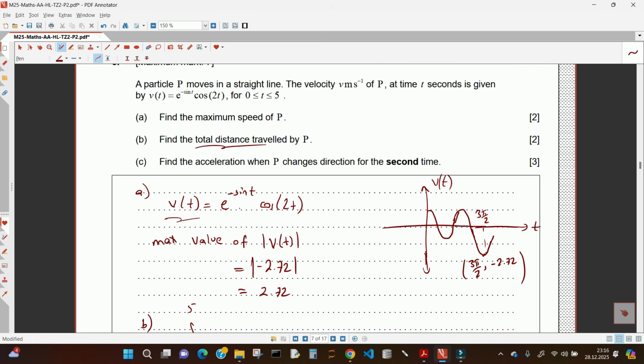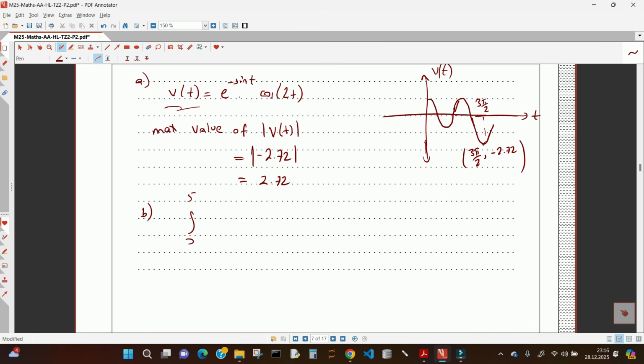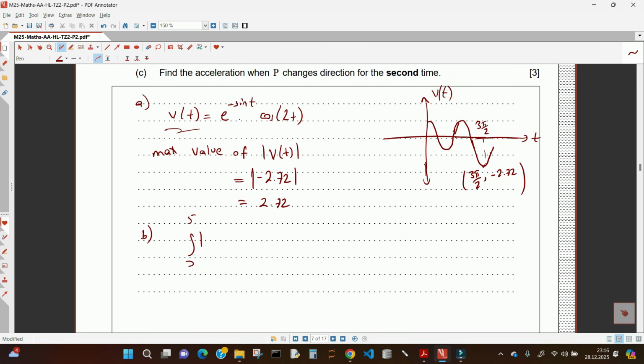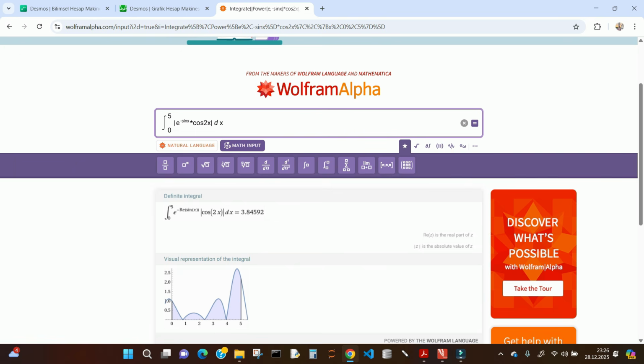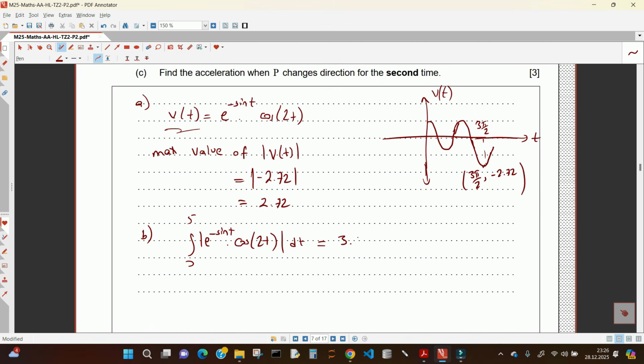But again, for the absolute value of this function, because I will take the negative side and the positive side of the distance traveled by this particle. So I'm looking for this integral. Let's find this one. Do not forget to write the differential of t. I wrote the function again and the value is 3.85.